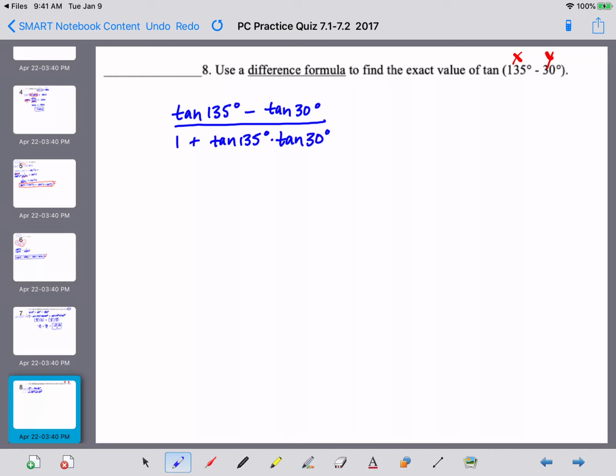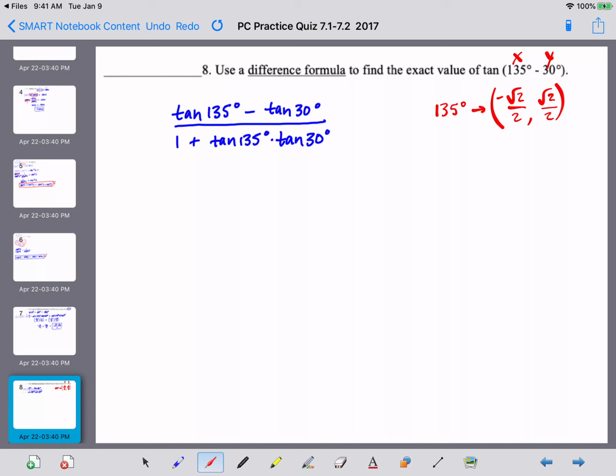Okay. So then we have to think of our unit circle, and this is just some work on the side. So 135 degrees matches up with the point negative root 2 over 2, comma, positive root 2 over 2.